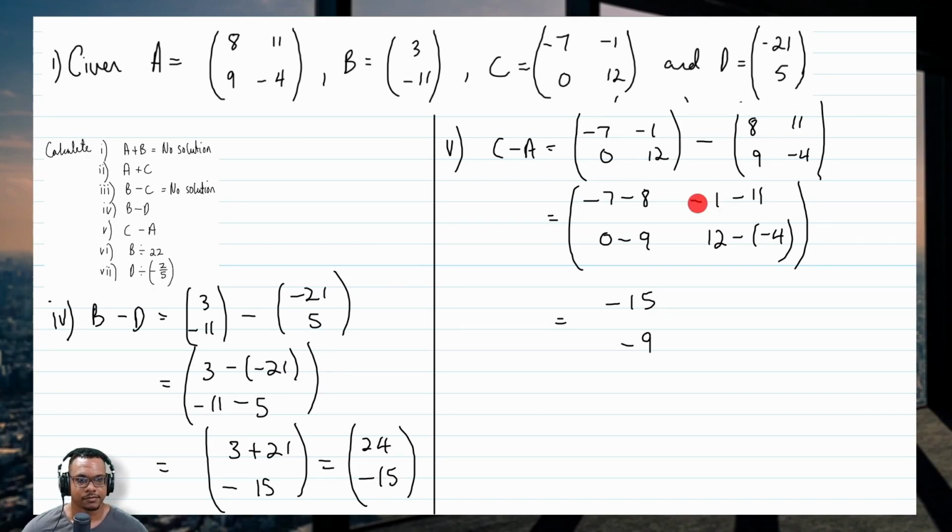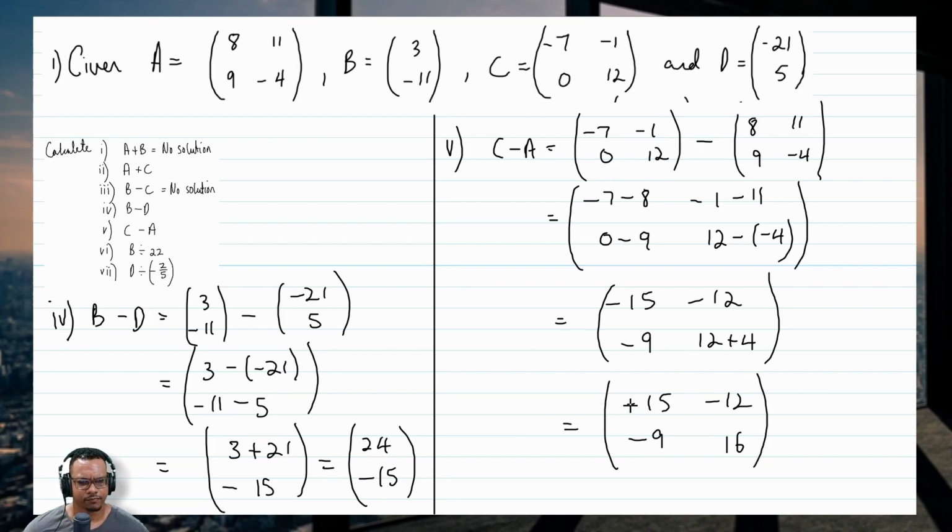Here signs are the same, so we add and keep the negative sign, so we get negative 12. And here again signs are the same, but we have to multiply them, so we get a positive sign and 12 plus 4, which is 16. So that's the answer for part 5.